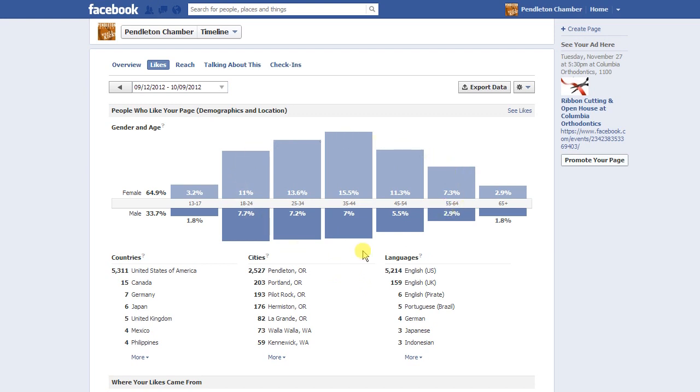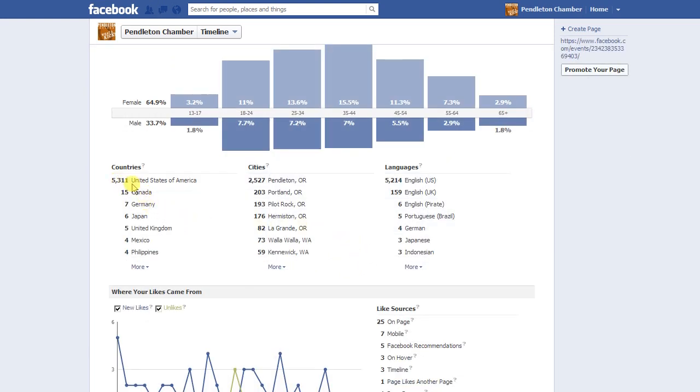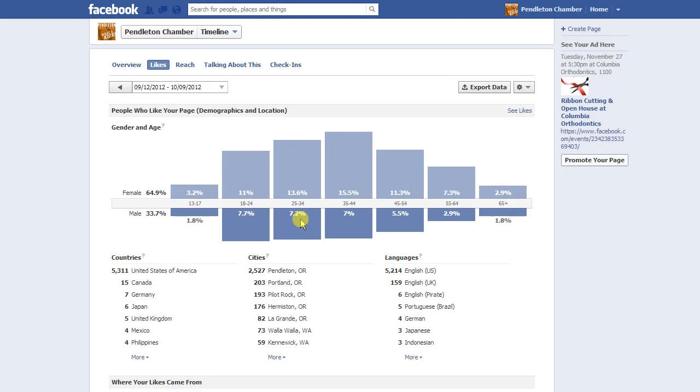So nice distribution, most from the United States, but worldwide. And then Pendleton, Oregon, is in Eastern Oregon, but they're reaching all the way to Western Oregon, to Portland. All of a sudden, they can approach sponsors in other areas and say, you know what, we're reaching Pilot Rock, we're reaching Hermiston, we're reaching La Grande. So all of that adds into what you can do.